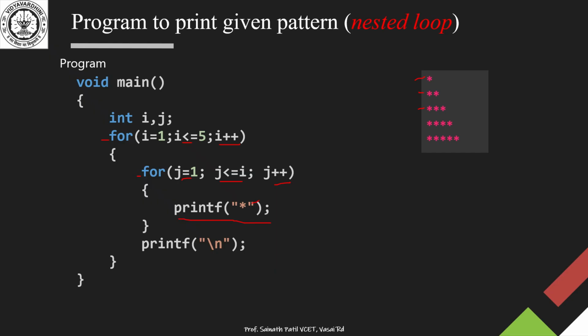Instead of printing j, which we were doing in the previous code, here we are simply printing a star. So when you are in the inner for loop, it will print a star. When the values of i and j are both 1, it will print a single star. When it comes out of it, it takes you to a new line, that is the second row. Then it will print 2 stars, like that.